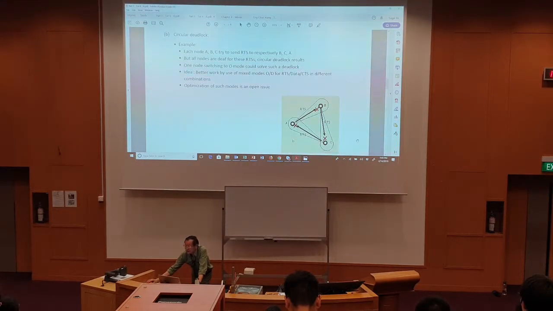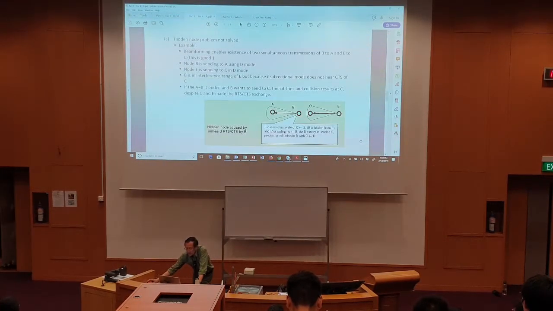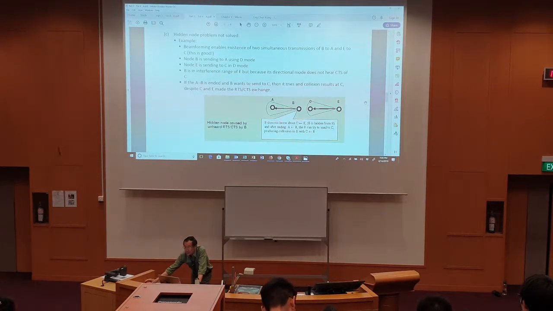Everybody looking in the wrong direction. And the last one, hidden terminal problem not solved. Okay, because of the directionality of the beams. Okay, right? So those are the 3. I won't go into detailed explanation because we already went through that last week.